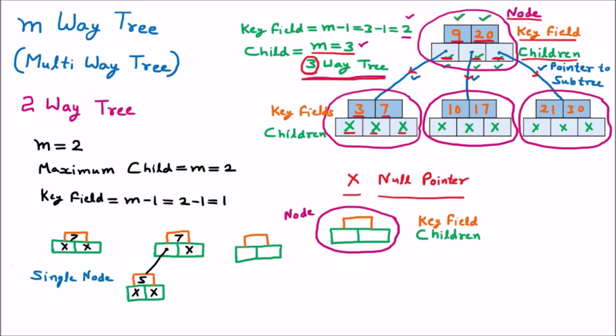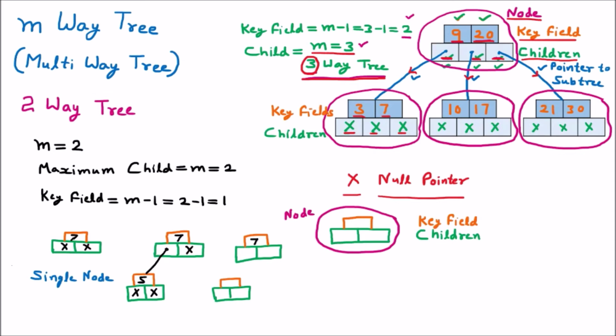So this is one node. Let us suppose I am taking the same value, which is 7 here. So this is the one node created, which has one key and 2 children. Now it has the left child. So here also I am creating the 2 boxes representing the 2 children and one key field, which is 2 minus 1.